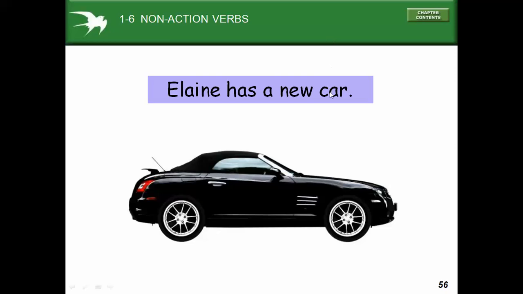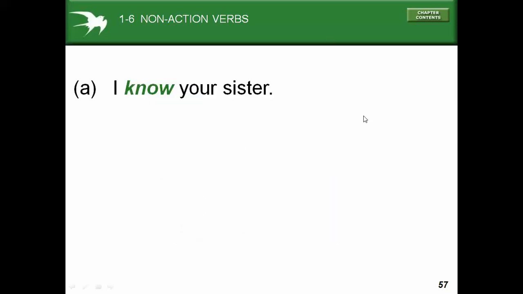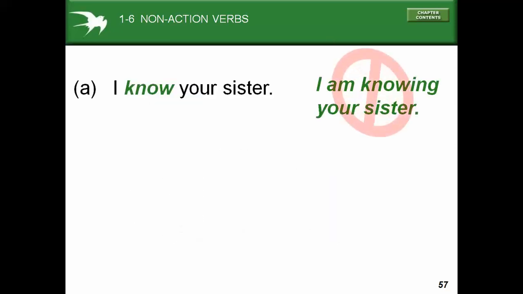Arian has a new car. I know your sister. I am knowing your sister. With verbs which refer to knowing, senses, or cognition, and also verbs of emotion, we cannot use these verbs in the present continuous or the present progressive. We use these verbs in the simple present tense.